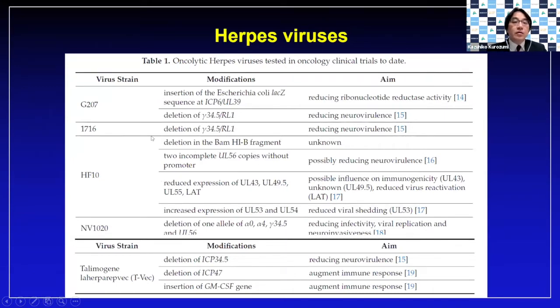Other herpes viruses are also very famous, like HF10, and T-VEC. T-VEC is now in the clinic. The clinical trial finished for malignant melanoma, so we can use T-VEC for malignant melanoma, not glioma yet.